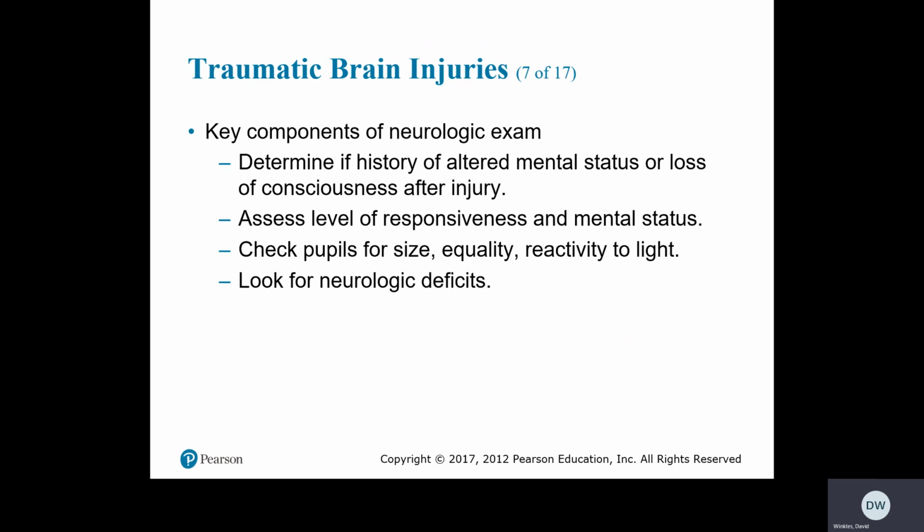So, in a way, you're really doing a stroke exam on a head injury patient because they can display some of the same type symptoms. So the only way to evaluate that is to basically do the same neurological exam as you do on a stroke patient. When you do a full stroke exam on a patient, you're evaluating all the cranial nerves.